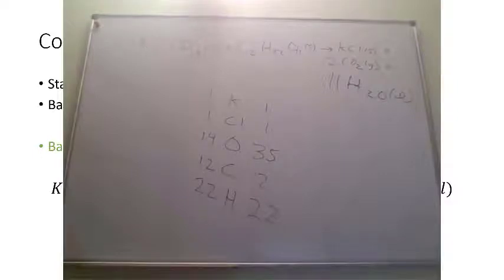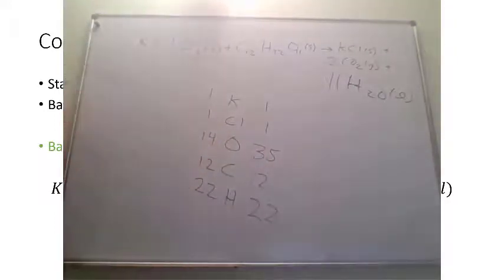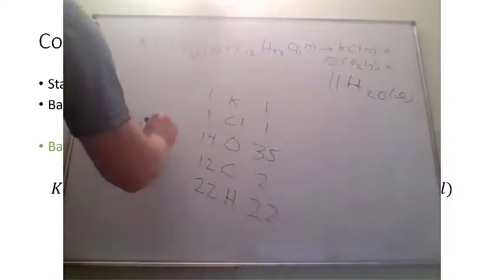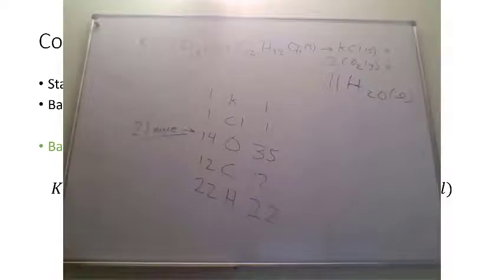Okay, so now we have 35 oxygens on the right-hand side, and we have 14 on the left-hand side, which means that we need to have 21 more oxygens added to our left-hand side. Okay, and so we can do that by adding 8 of our KClO3.